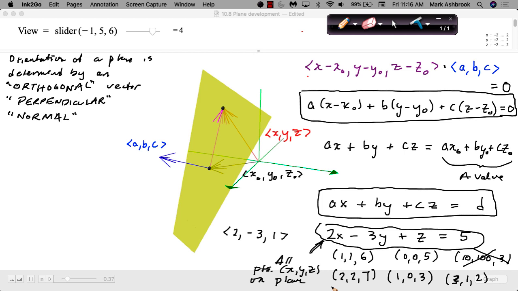A plane ended up being an equation of x, y, and z. Totally different. So the string of points in space ended up being a vector function dependent on one parameter t, and the plane ended up being an equation of x, y, and z. That underscores that they're very different animals, right?